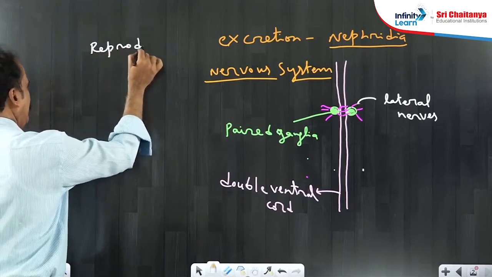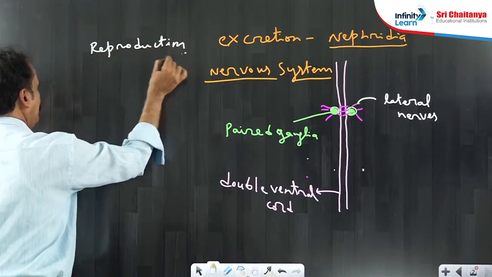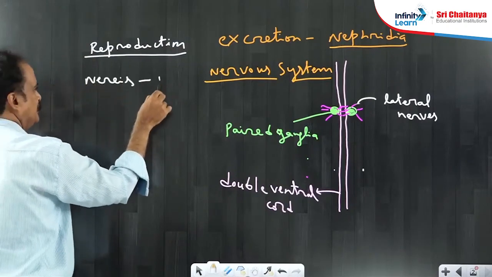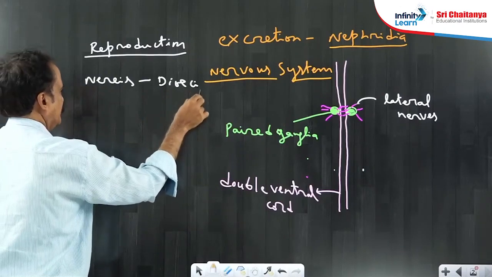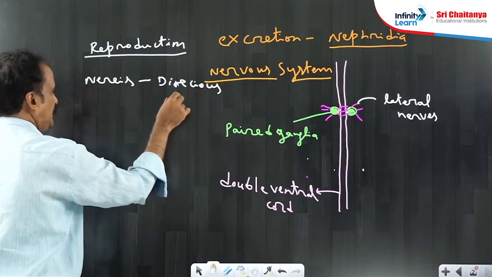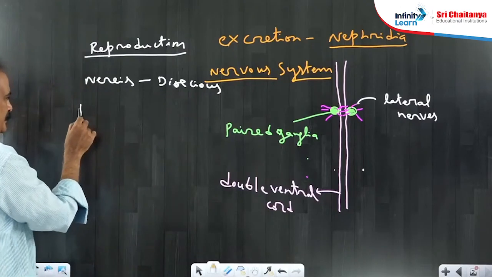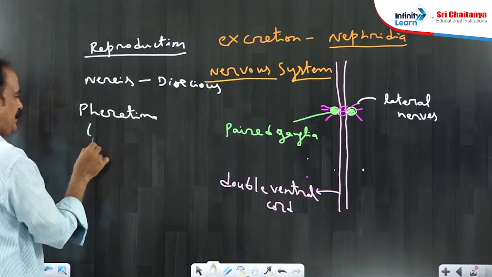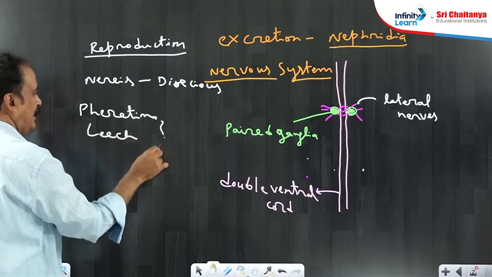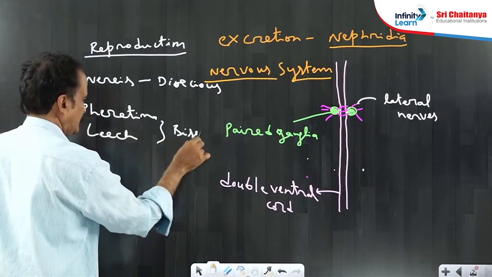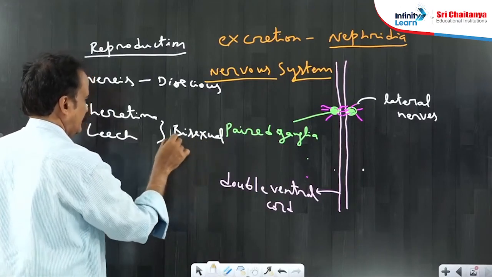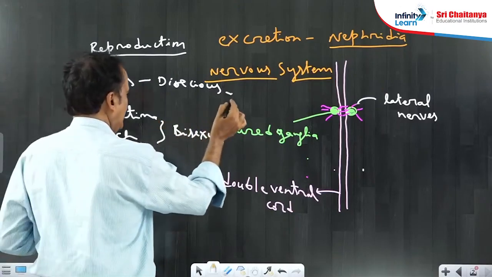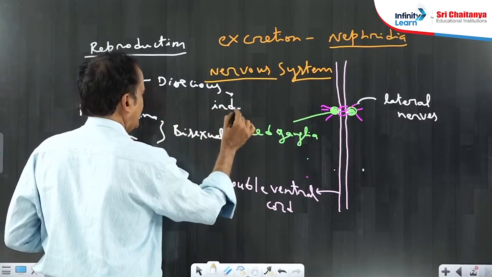And related to reproduction, animals are mostly bisexual. An animal like Nereis is unisexual, as you know, it is dioecious. Pheretima and leeches are bisexual. In case of unisexual, development is indirect.